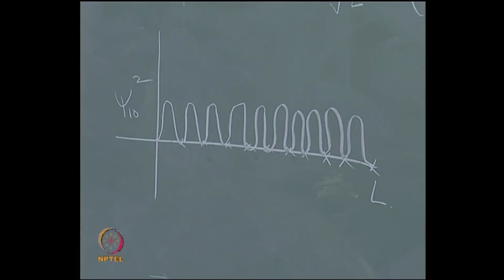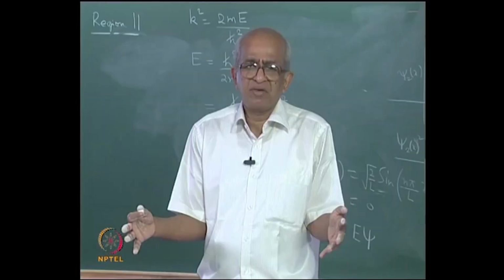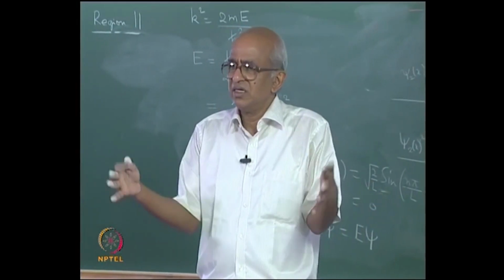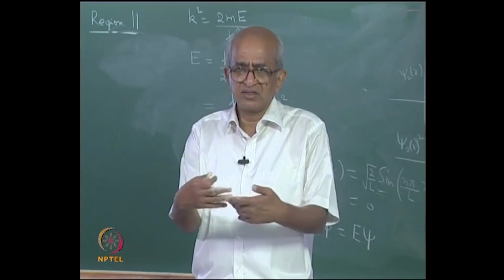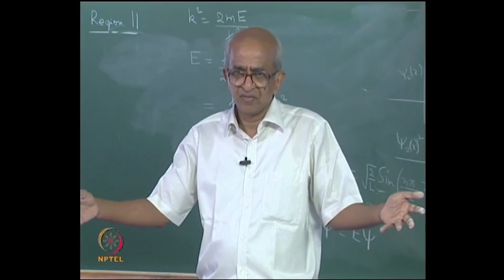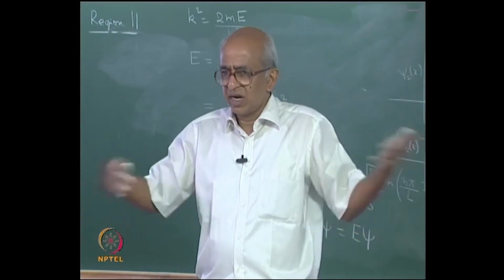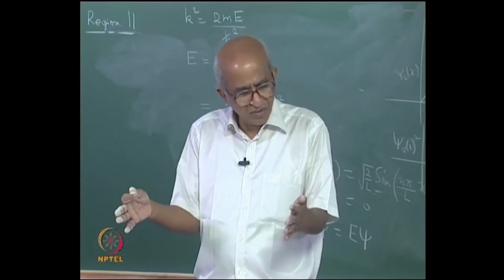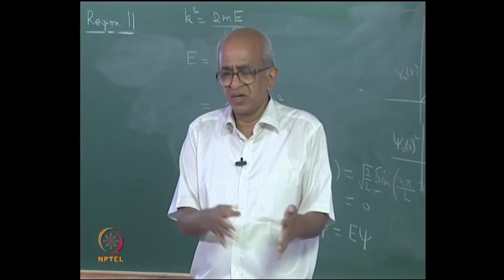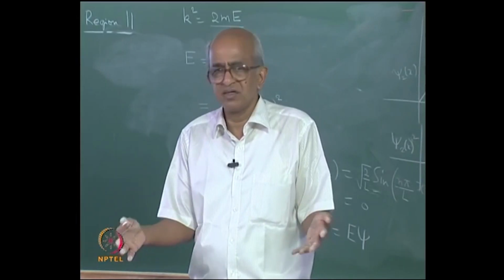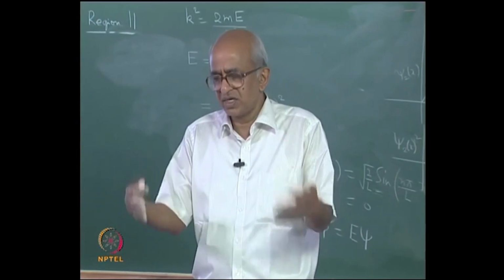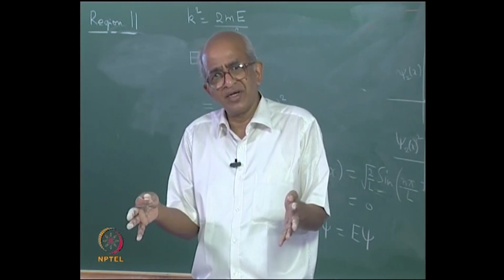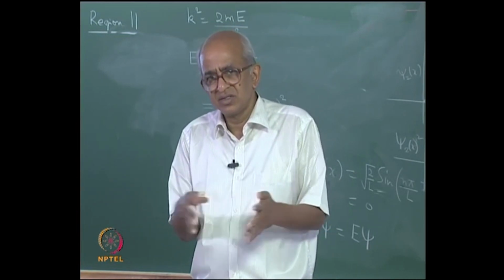Right. Suppose I say that I have a particle which is not obeying quantum mechanics, but it obeys classical mechanics and it is inside the box, and I do not know where it is. So, therefore, all positions within the box are equally likely, and therefore, speaking in terms of probabilities, the probability of finding the particle anywhere is the same.